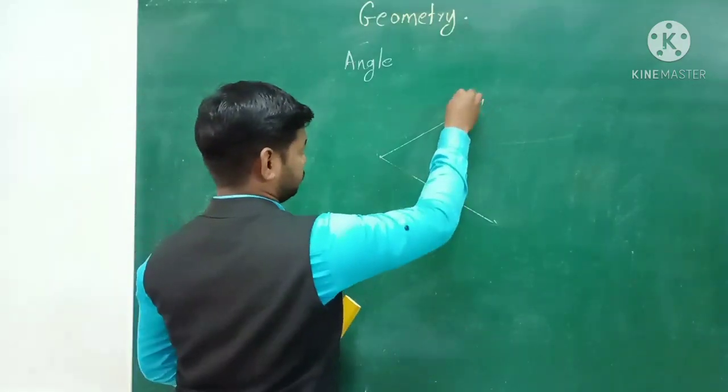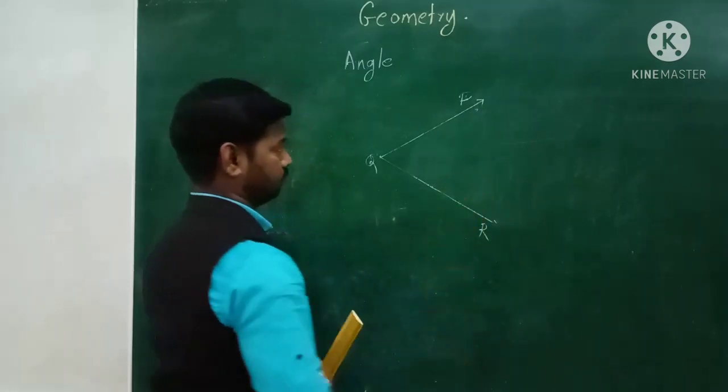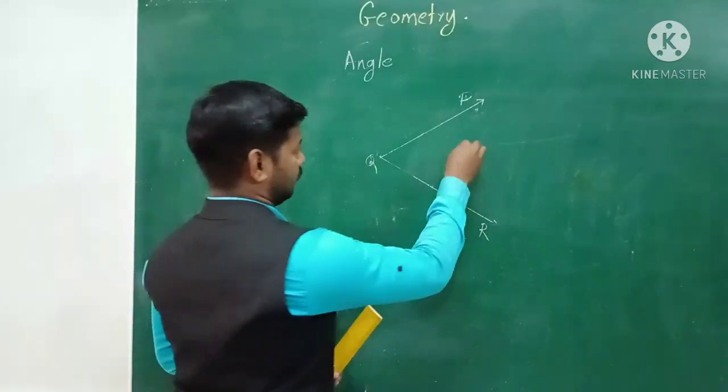So now we will see the interior and exterior of the angle. The same angle we are going to use, we will give P, Q, and R. Angle PQR. I'll give some points.